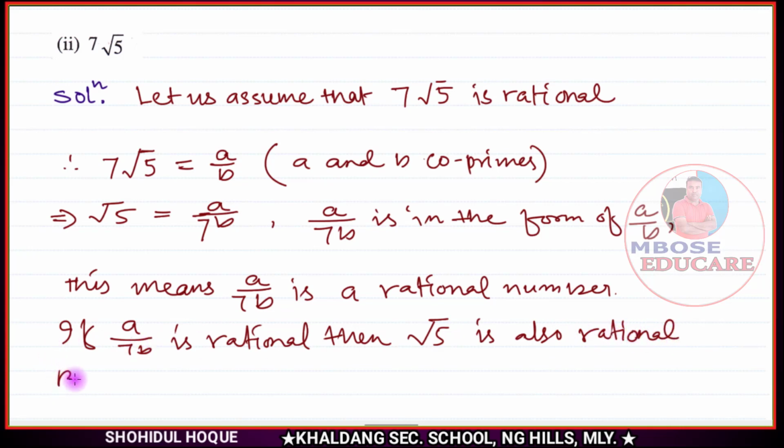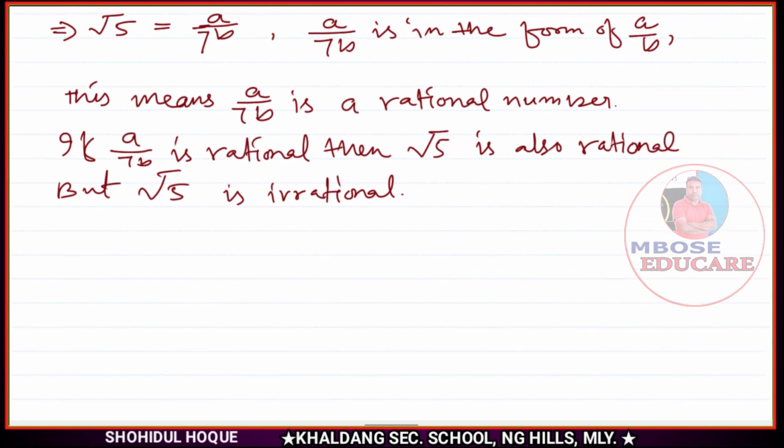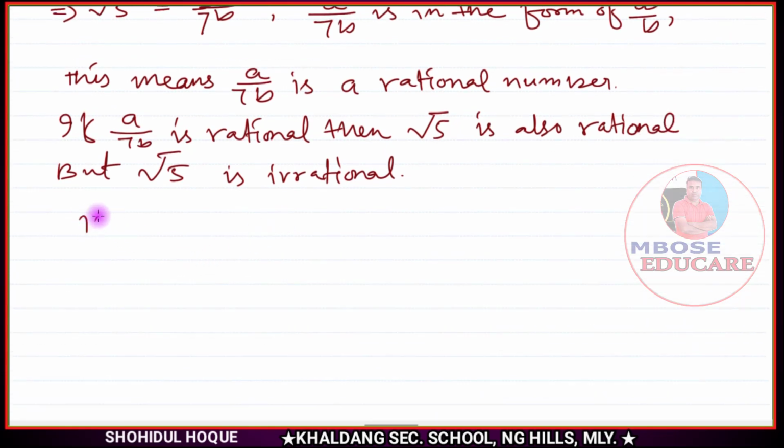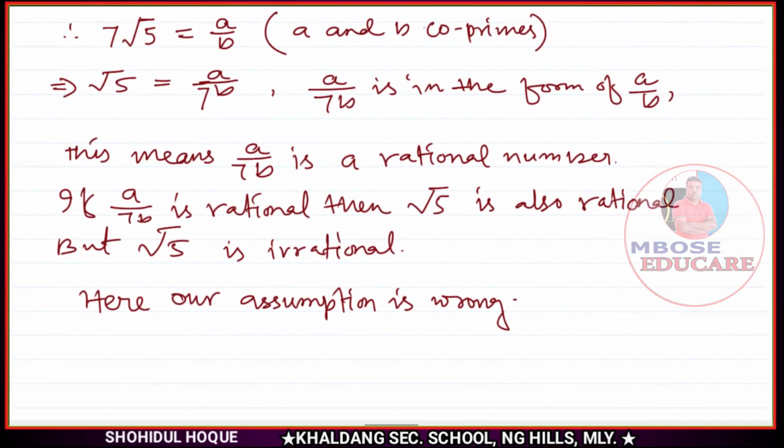But under root 5 is irrational. Alright, when under root 5 is irrational, then our assumption is wrong. So here our assumption is wrong, that this number, 7 under root 5, is a rational number.